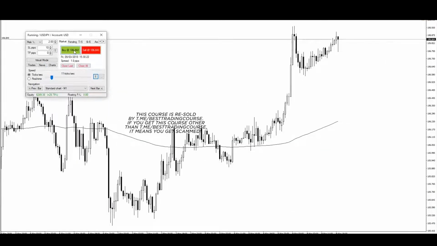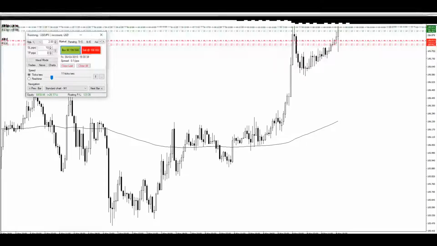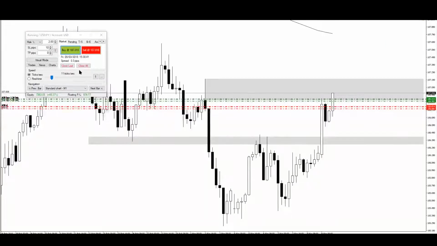See if we can take a buy. This thing should move up. This thing is going into the liquidity area. Yeah, there you go.